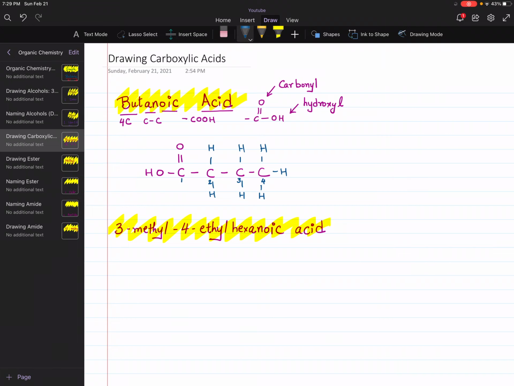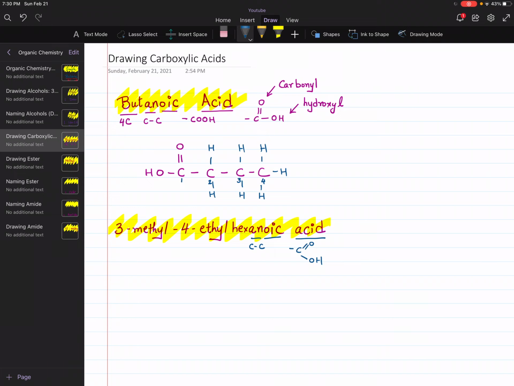The next one I have is 3-methyl 4-ethyl hexanoic acid. Again, breaking down the name, the ending OIC acid tells us that it is a carboxylic acid, which will have a carbon double bonded to the oxygen and single bonded to the OH group. The AN part before it tells us it's all single bonds.